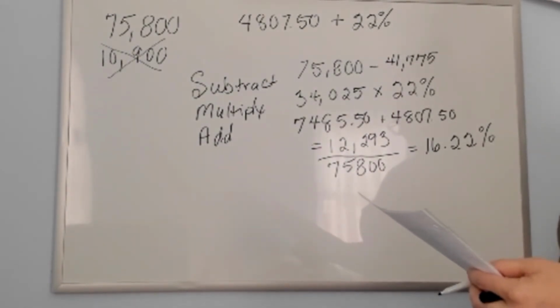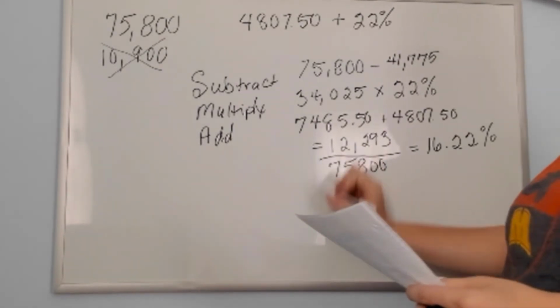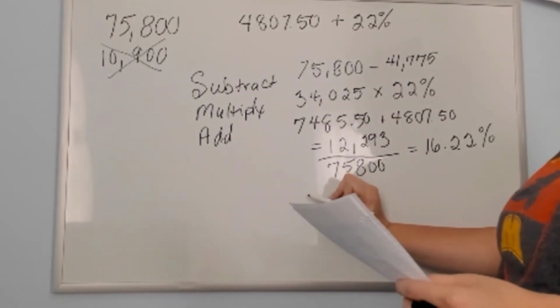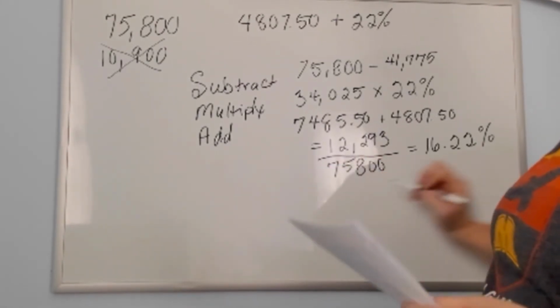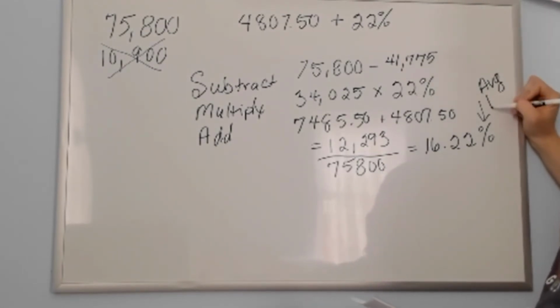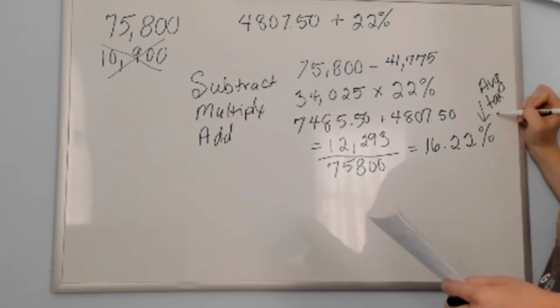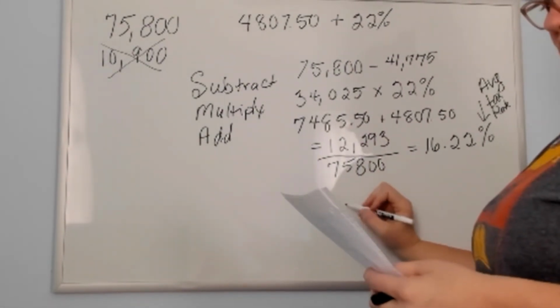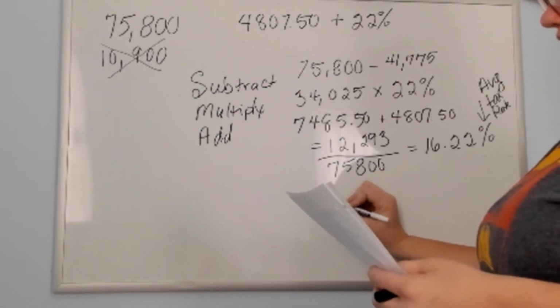And then we're going to get the effective. So this one is the average tax rate, and this one down here is going to be the effective.